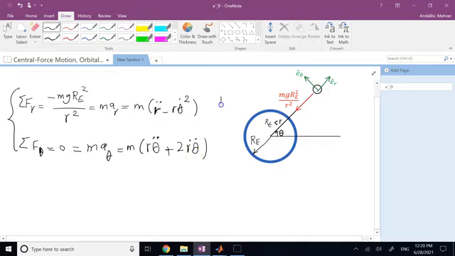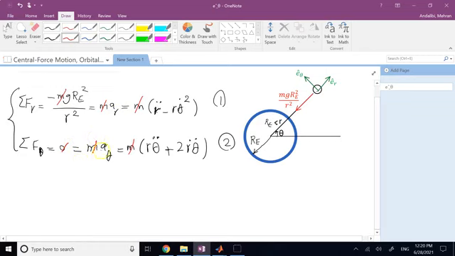Okay, and I'm going to number my equations 1 and 2, and now let's see what we can get from these equations. So first thing first, I can get rid of m, so I get rid of m here, and I simplify m with 0.